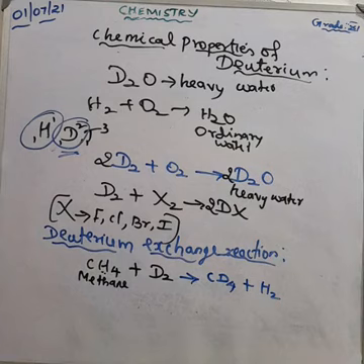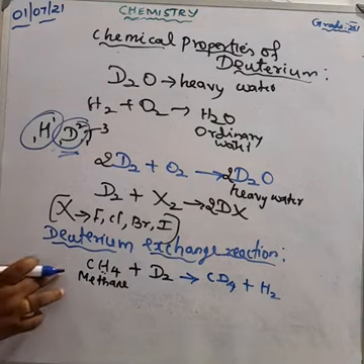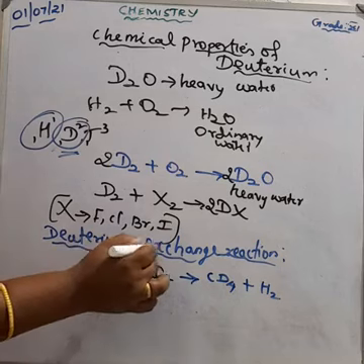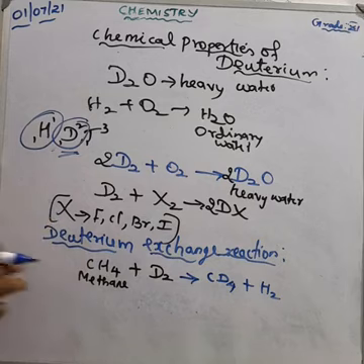Understood? So the important chemical property of deuterium is that the deuterium atom can replace the hydrogen from its compound.